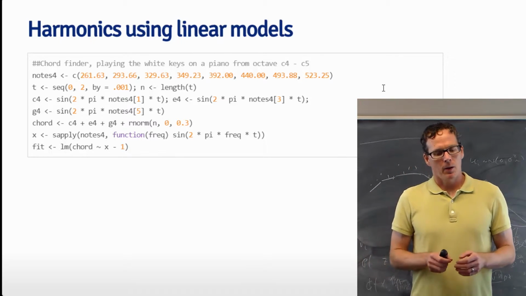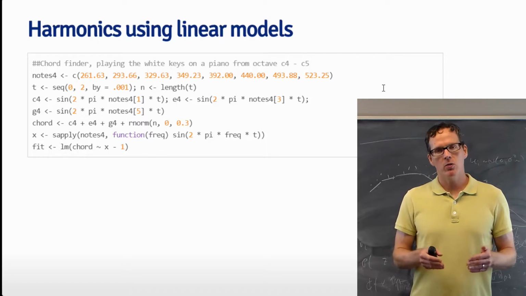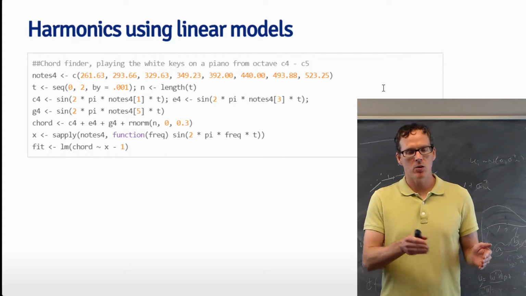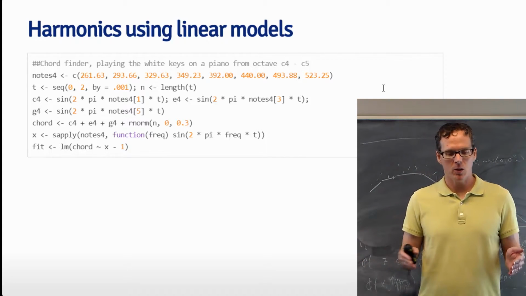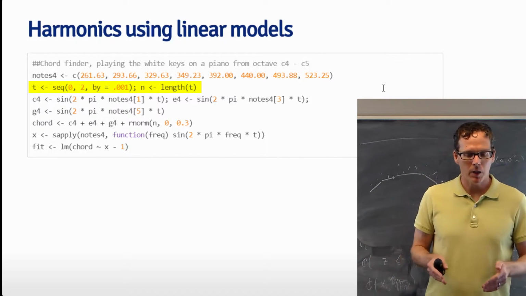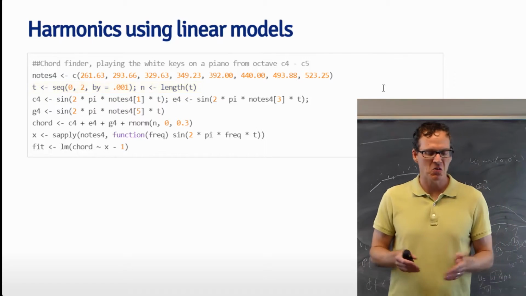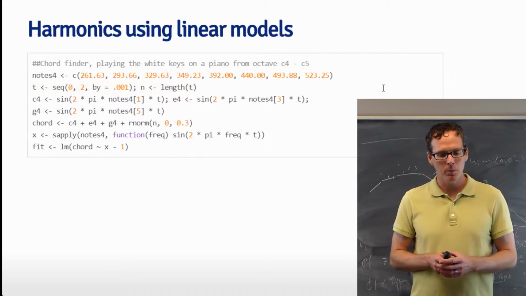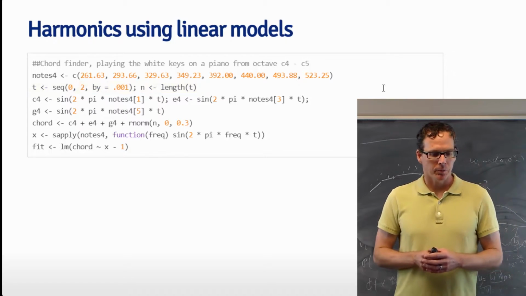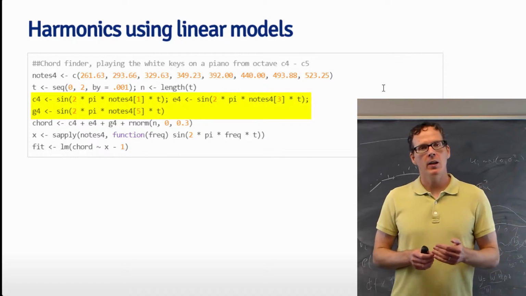I've taken those notes and created digitally sampled time points. The time goes from 0 to 2, sampled every 0.001, so let's say it's 2 seconds of data, and I created 3 notes: a C, an E, and a G.